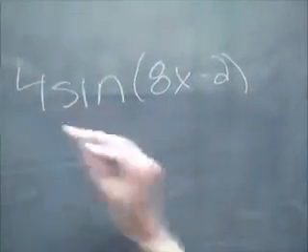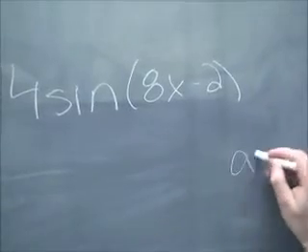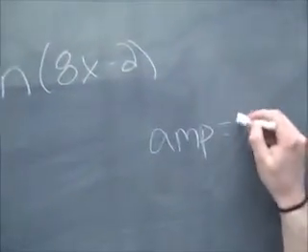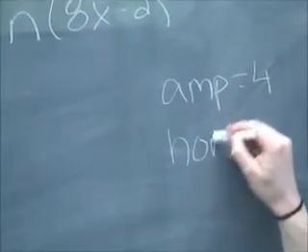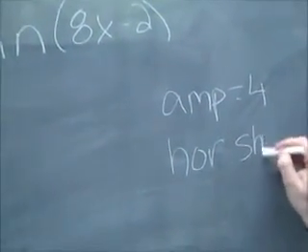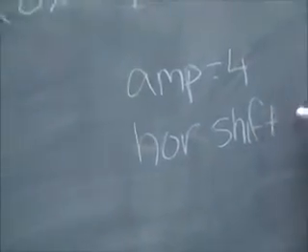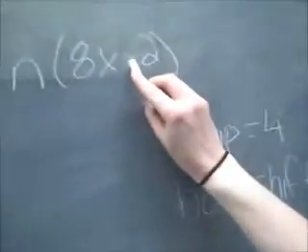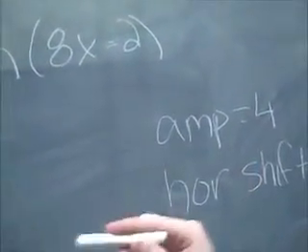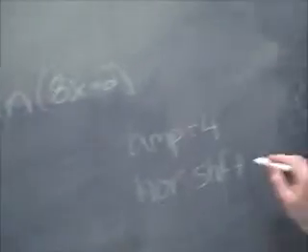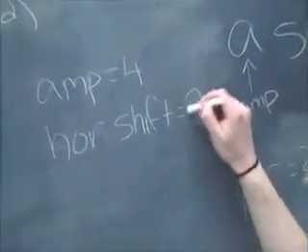So the amplitude given is 4, so amplitude equals 4. The horizontal shift is going to be 2, because you look right here to make sure that it's always negative. If it's positive, then it's going to be to the left. So the horizontal shift is 2.